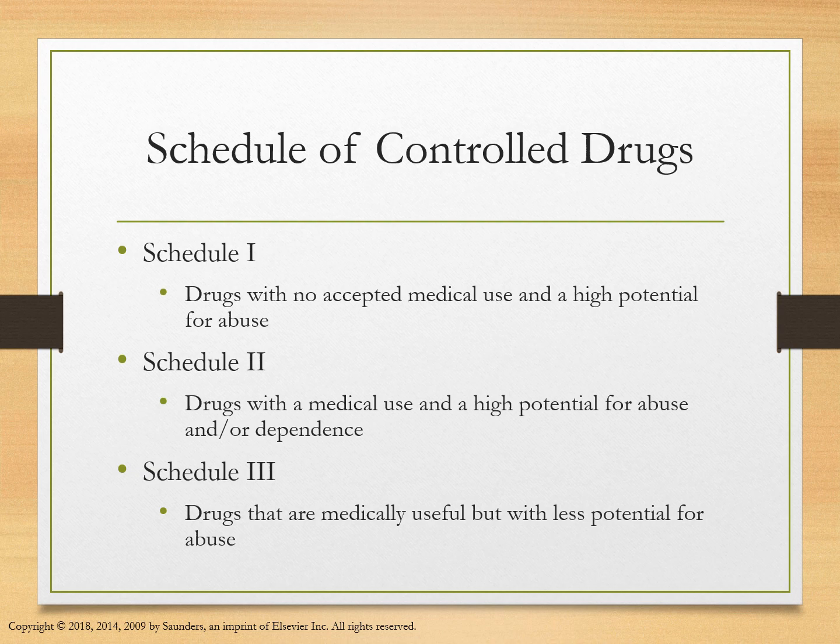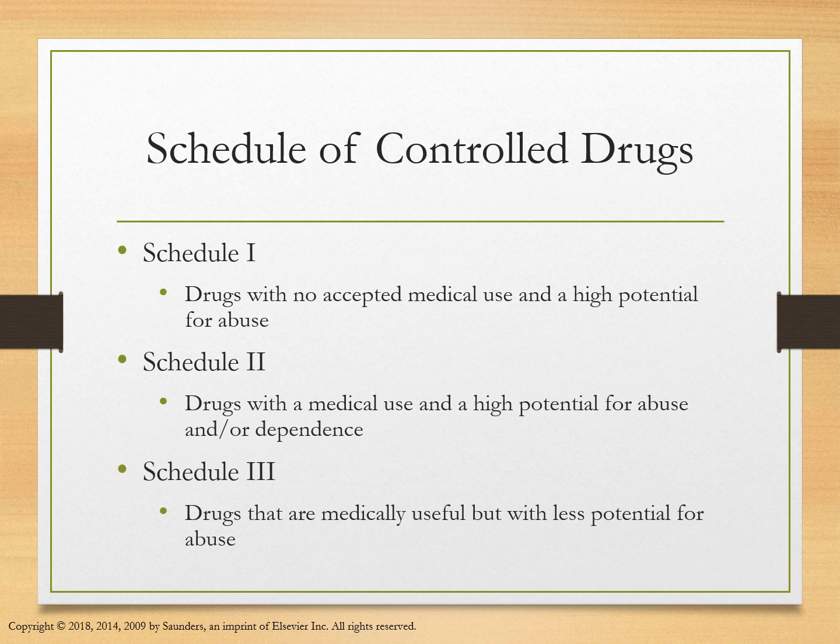Now, schedule of drugs, okay? You may have heard that maybe narcotics are a Schedule 2 drug, okay? Schedule 1. Here's some examples, okay? A Schedule 1, the higher the schedule, the lower the schedule number.